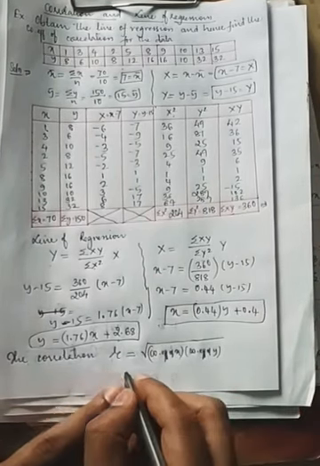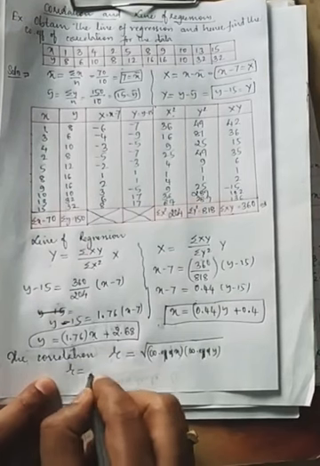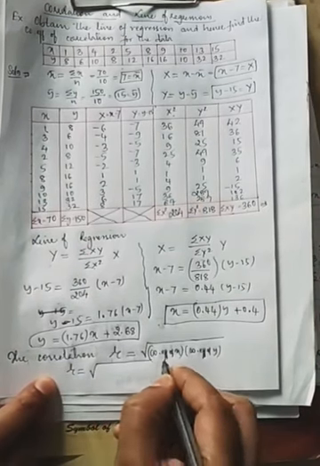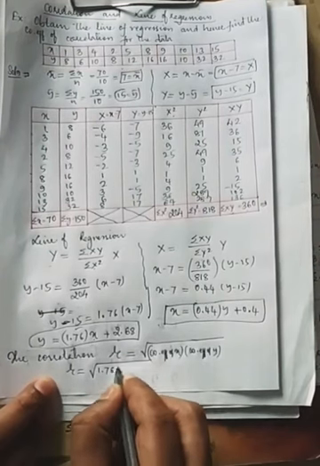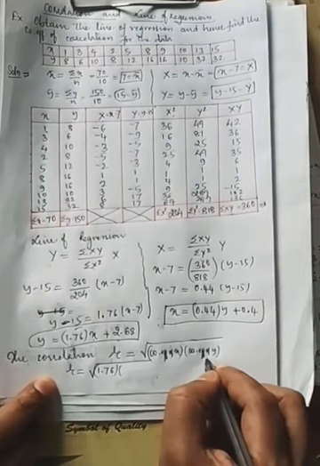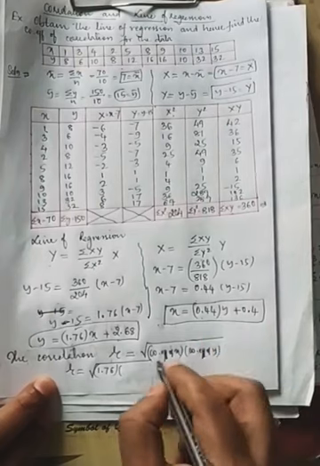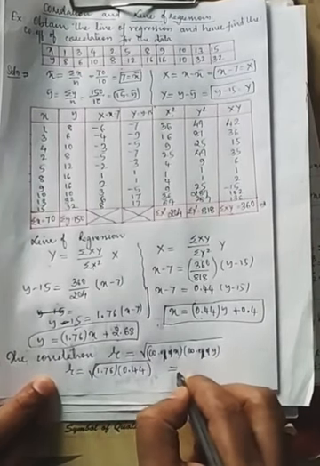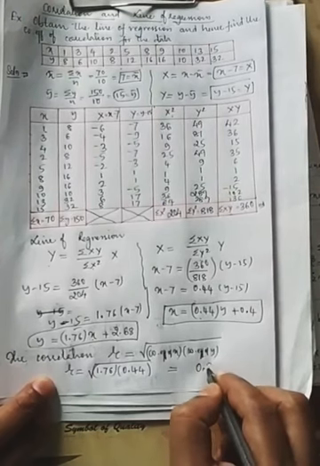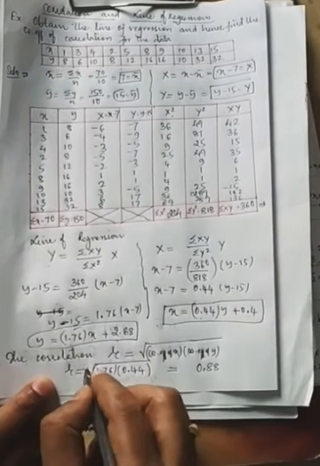Let us calculate this. Then r is equal to the square root of coefficient of x, that is 1.76, into coefficient of y, that is 0.44. If we calculate this, we will be getting 0.88.